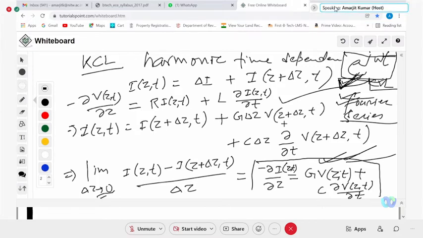So what will be these two equations, if this is the assumption for voltage and current, harmonic time dependence e to the power jωt? How can we write this equation in phasor form?